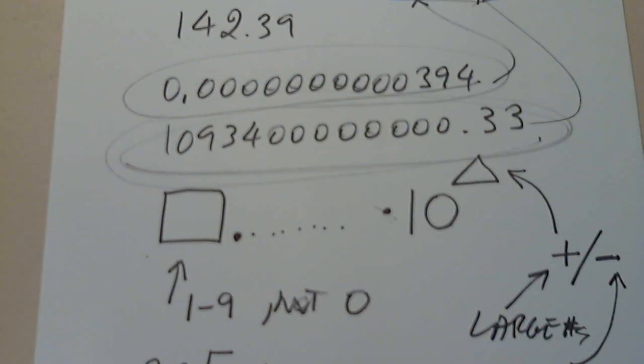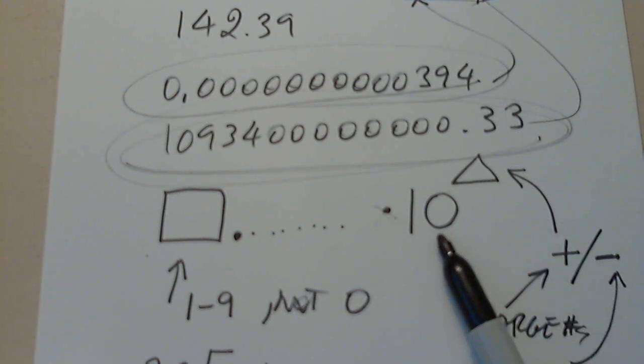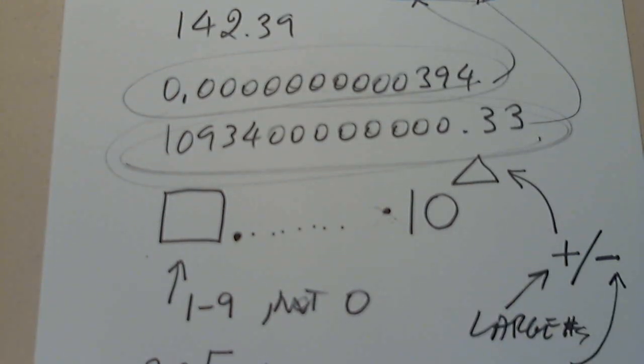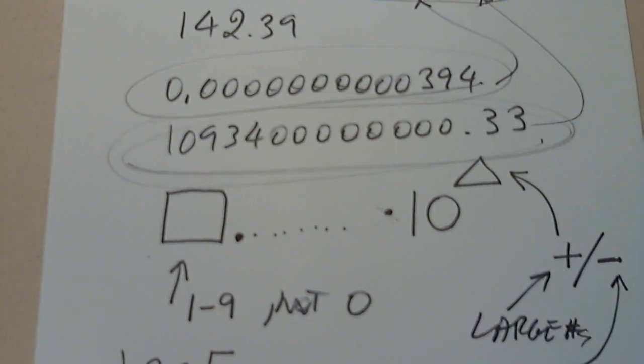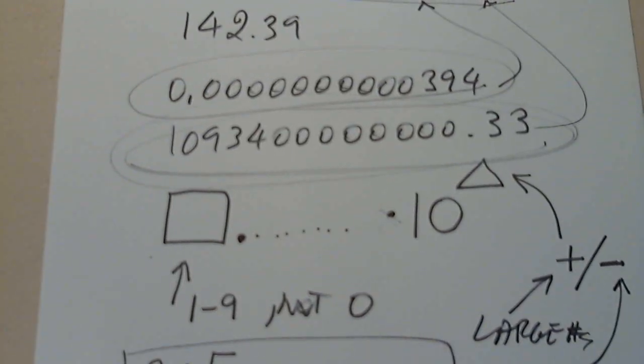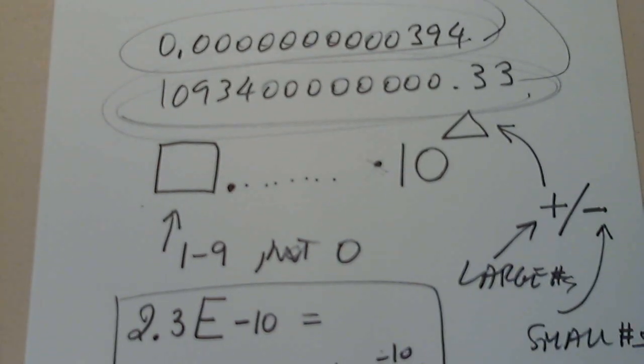What does this mean? 2 is the first digit, the period, 3 is this piece, times 10 to the power -10. So this is the same as 2.3 times 10 to the -10. But this is how the calculator is presenting it. I guess it's already expecting everybody to know the times 10, so it only gives the exponent. Yes, that's one of the reasons we discuss scientific notation.